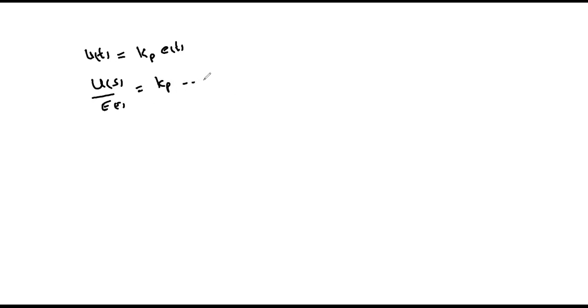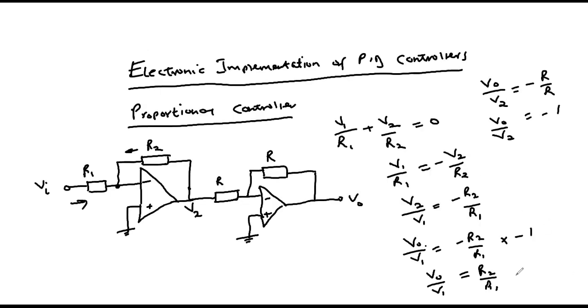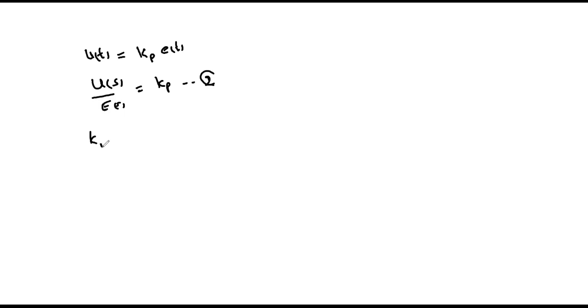If we compare this equation with that of the operational amplifier network, then we can notice that our constant Kp will be equal to R2 over R1. And through the operational amplifier network, we are able to achieve the proportional controller with the proportional gain constant being equal to resistance R2 over R1.